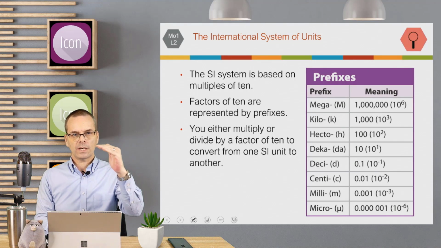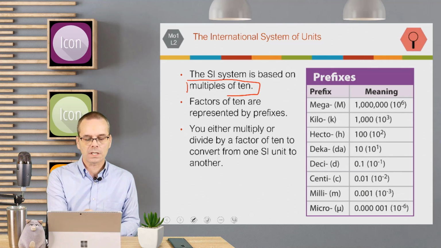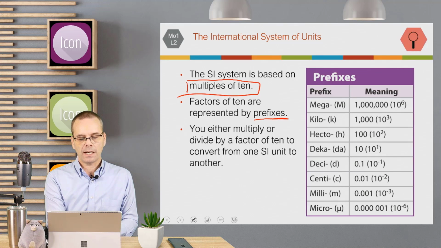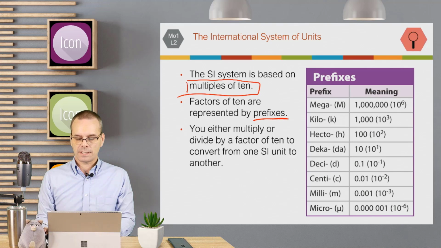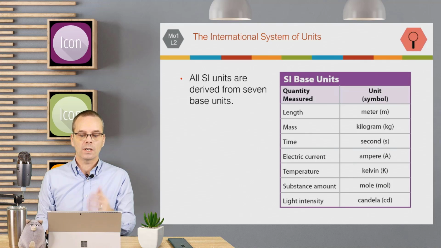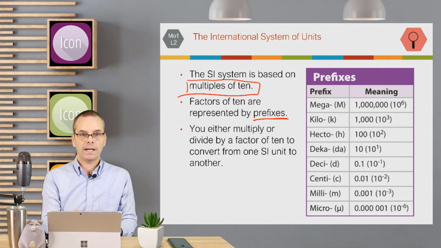Now they also said, okay, let's base the system on multiples of 10. And the factors of 10 are represented by prefixes. So they go in front of these various measurements like meter or kilogram or second or ampere. So for example, you can either multiply or divide by a factor of 10 depending on where you're at.